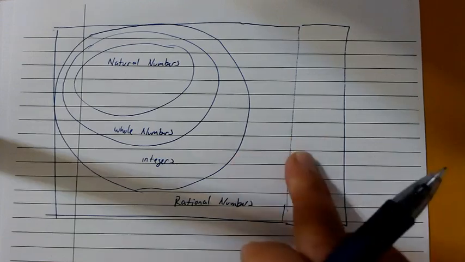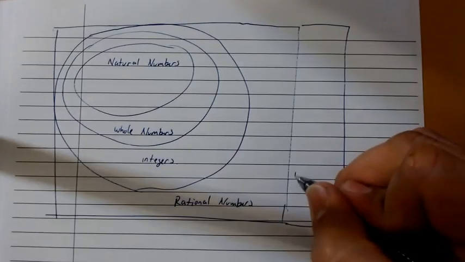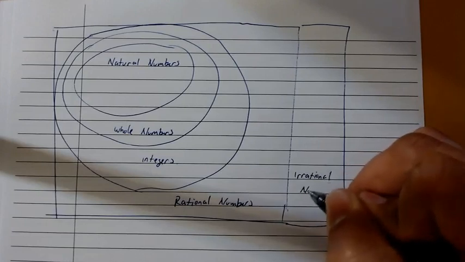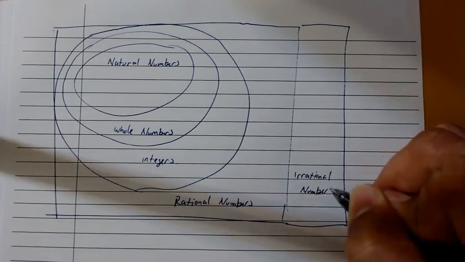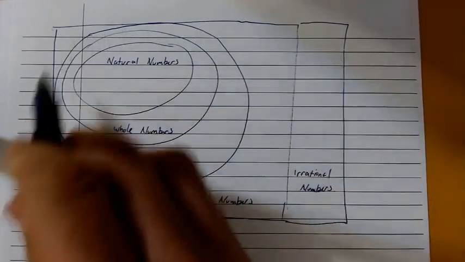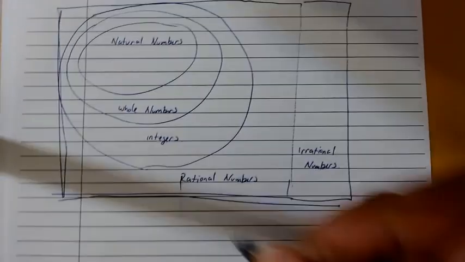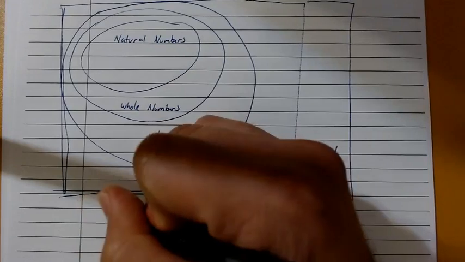So there's never any overlap. These are completely different. When you take all of this together, the rational and the irrational and everything that's inside of them, this is called the set of real numbers.